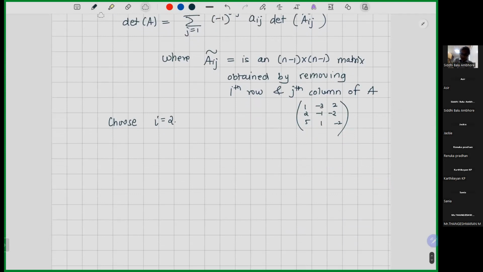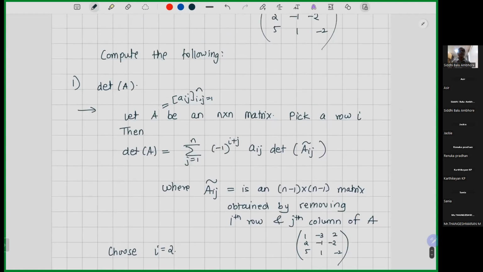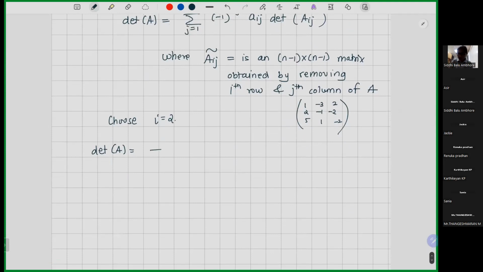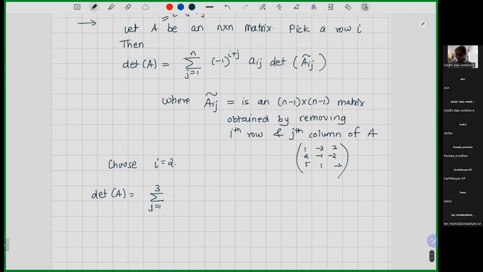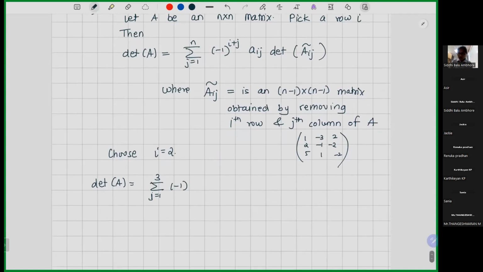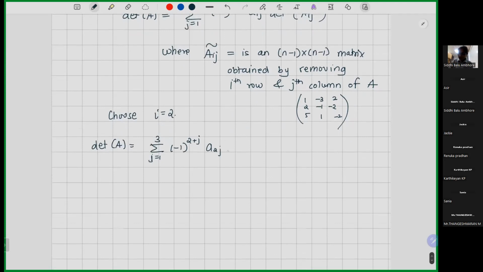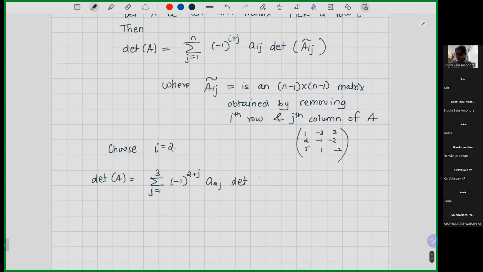And the determinant of A now is, since my matrix A is 3 cross 3, this summation will run from 1 to 3. So the summation j from 1 to 3 of minus 1 power 2 plus j, a_2j, times the determinant of A_2j tilde.